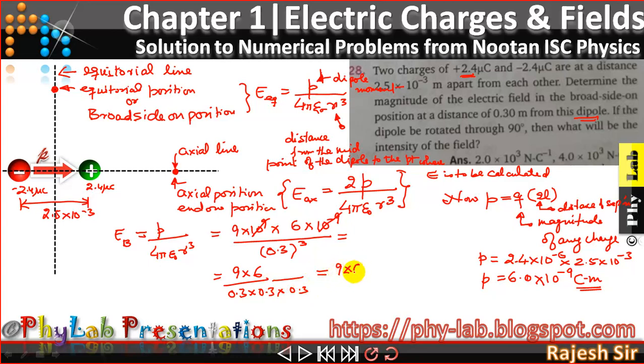It has 9 into 10 into 6 upon, from here you remove a 10, and from here also another 10, and another 10. So 3 tens are there, so 10 to the power of 3, and 3 3s are 9, this goes, and 3 6s are 2 times, so the electric field comes out to be 2 into 10 to the power of 3 Newton per coulomb, friends. And that's the answer for the first part.